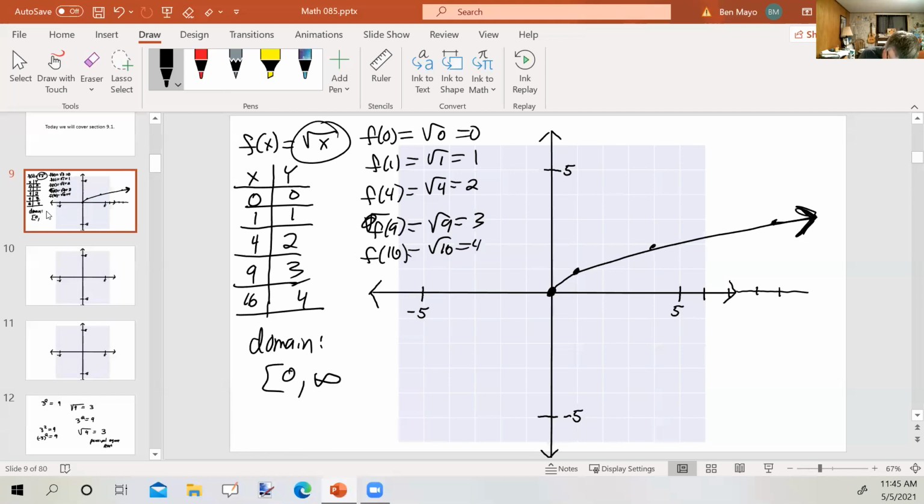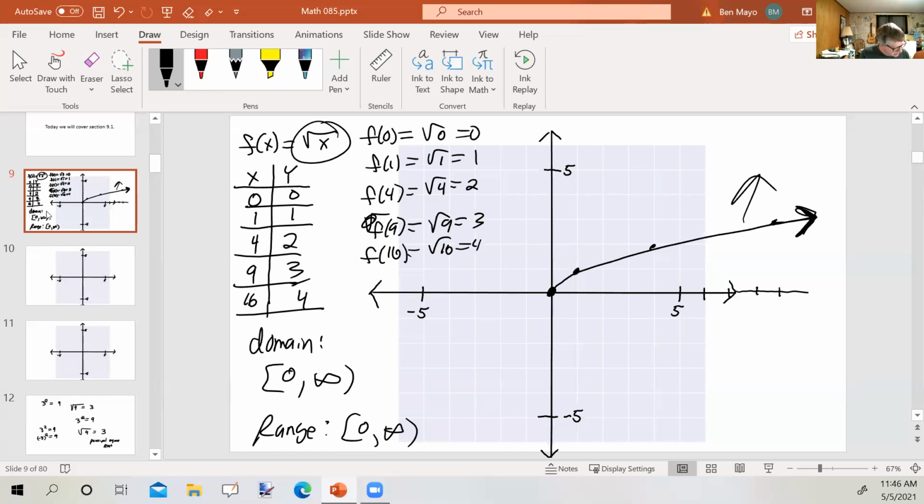So the domain goes from 0 up to positive infinity. The range, the y values: since we're taking an even root, we can't get negative answers, but our starting range value is 0, and that also goes up to positive infinity. So we get that scenario.